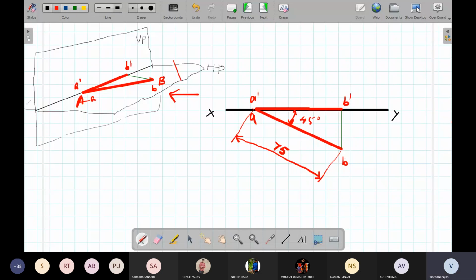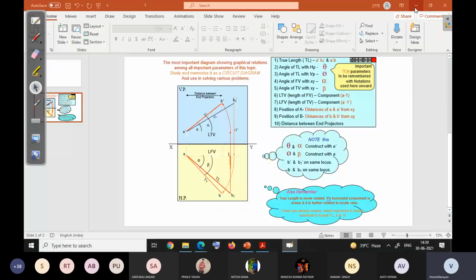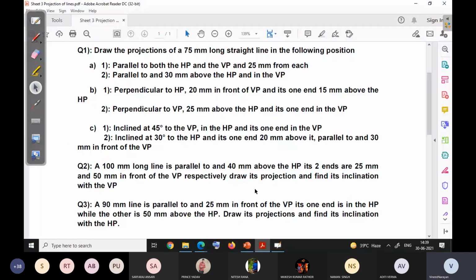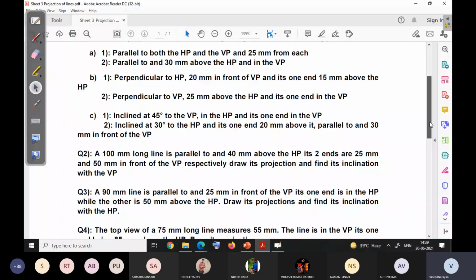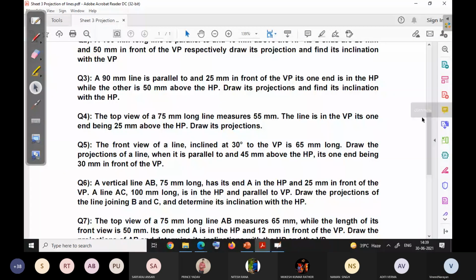So this was the case when the line is inclined to one plane and parallel to the other plane. So this way questions are becoming more and more difficult. Now you can try. We will do one more projection which is inclined to both the planes, and after that you have to do everything yourself.